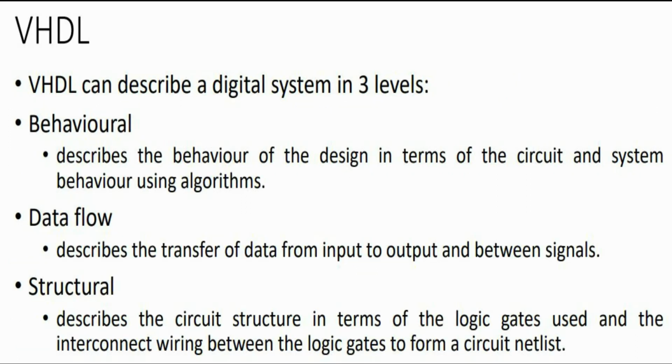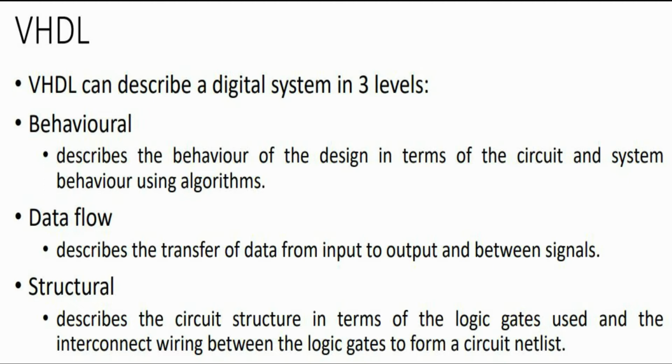VHDL can describe a digital system in three levels. The first one is the behavioral level, in which we describe the behavior of the design in terms of the circuit and system behavior using algorithms. The second level is the data flow level, which describes the transfer of data from input to output and between signals.